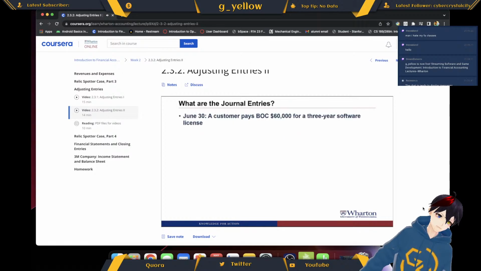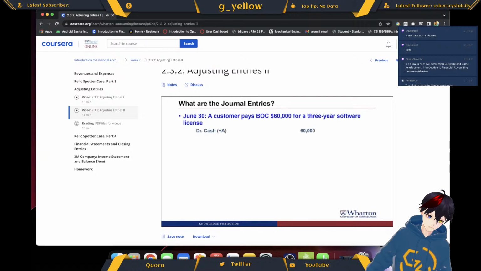Next set of transactions, so it's June 30th. A customer pays BOC $60,000 for a 3-year software license. So in this example, BOC is a company that sells software. We've received $60,000 cash as BOC, so we need to debit cash for $60,000.